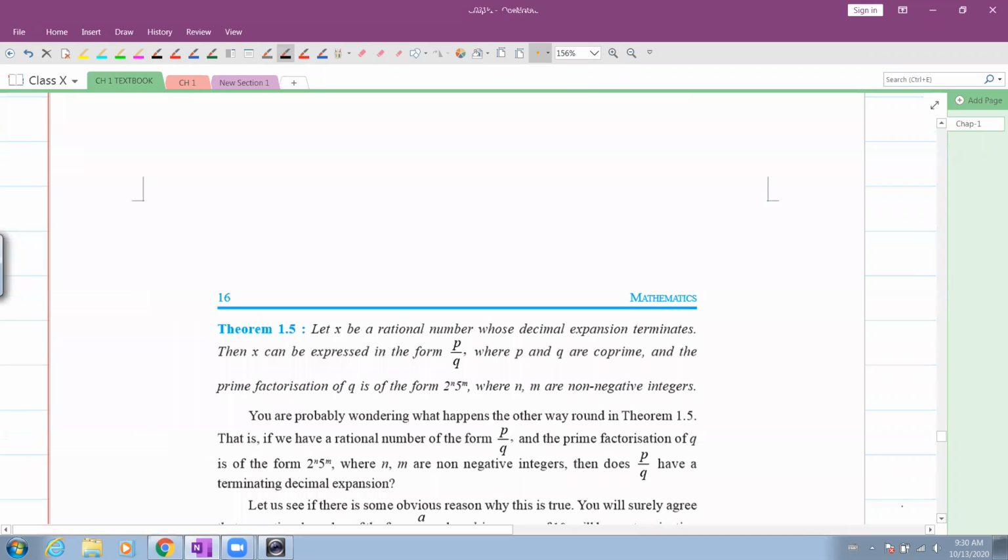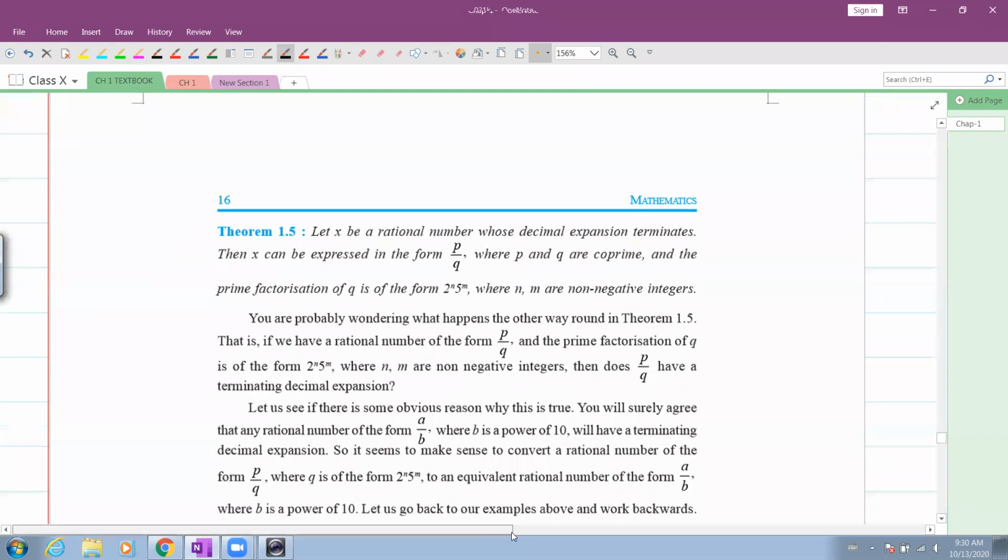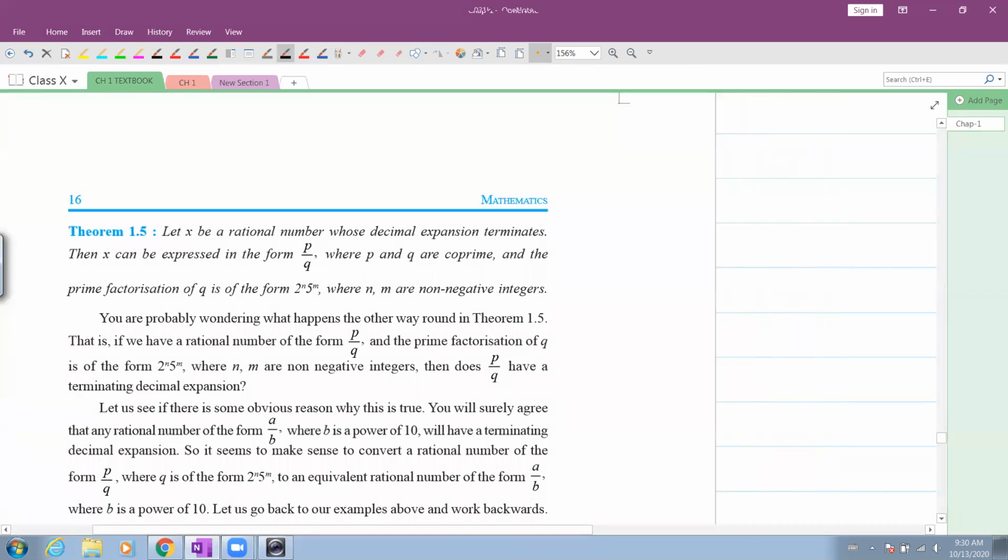So theorem 1.5 states that if there is a rational number, that means it can be written in the form P over Q. And if that rational number has a terminating decimal expansion, then what can we say about its denominator? Is that the prime factorization of Q is of the form 2 raised to the power n, 5 raised to the power m, where n and m are non-negative integers. Non-negative integers are whole numbers.